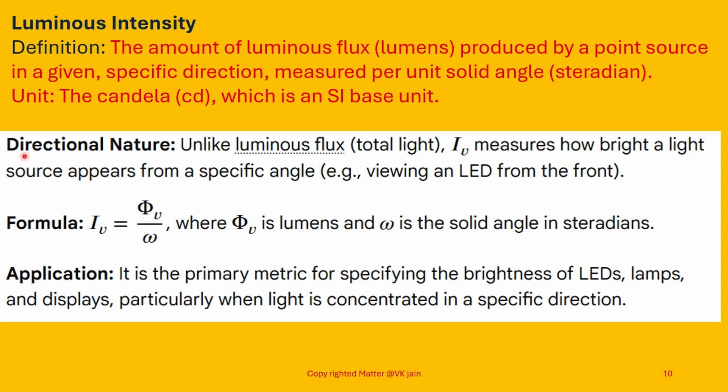The luminous intensity is directional in nature, unlike luminous flux. Iv measures how bright a light source appears. So luminous intensity is all about the brightness of the source, not the object.